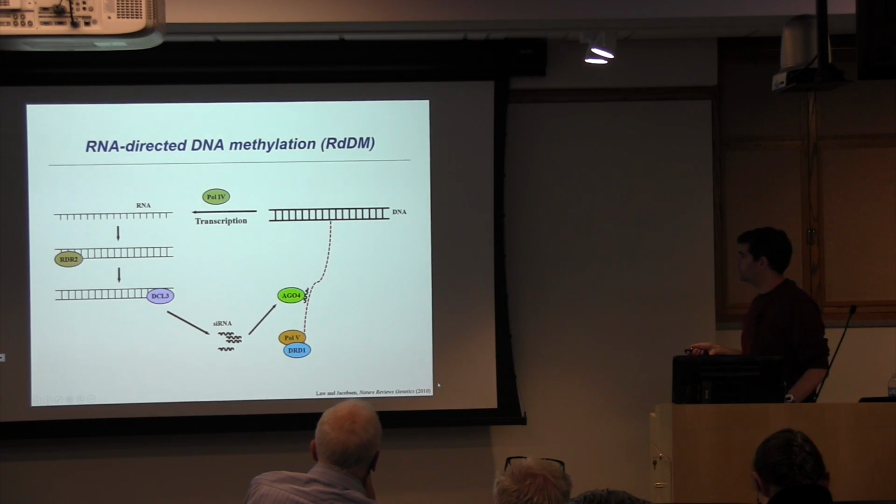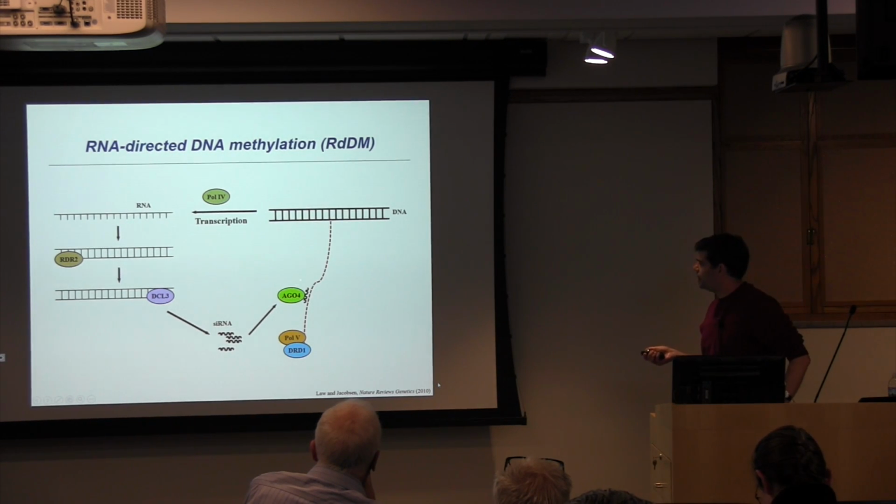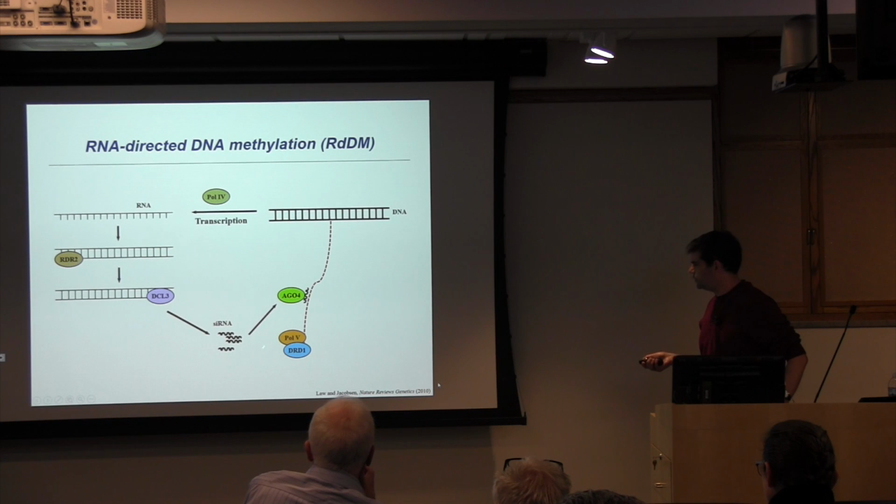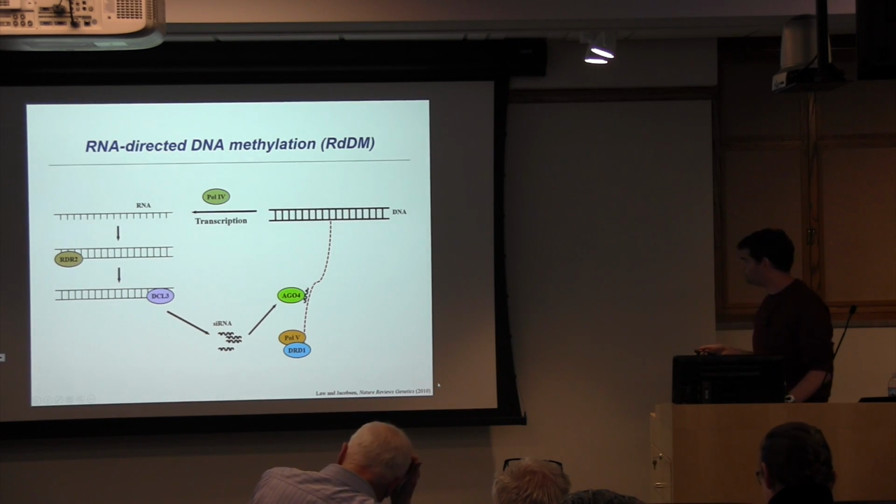These small RNAs get loaded into an effector complex that contains an Argonaute protein, and this appears to interact with a nascent RNA made by another derivative of Pol II called Pol V that has an accessory nucleosome remodeling protein called DRD1, and we'll talk about these nucleosome remodeling proteins more in a second.